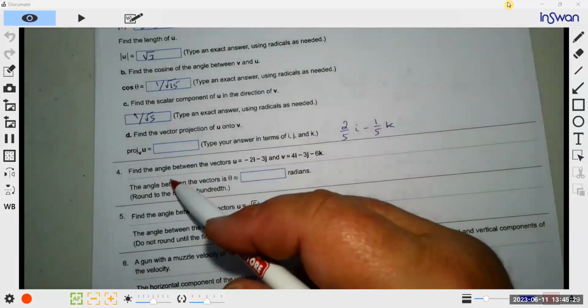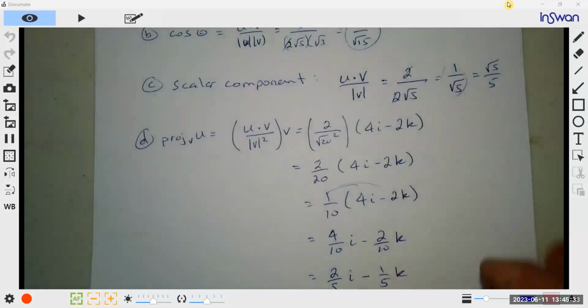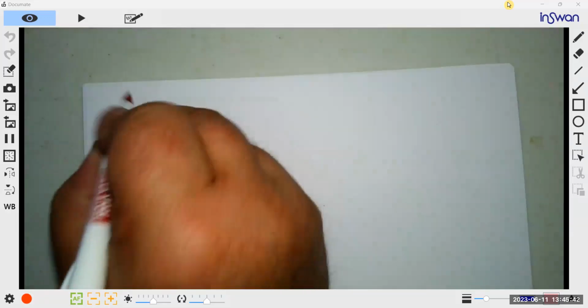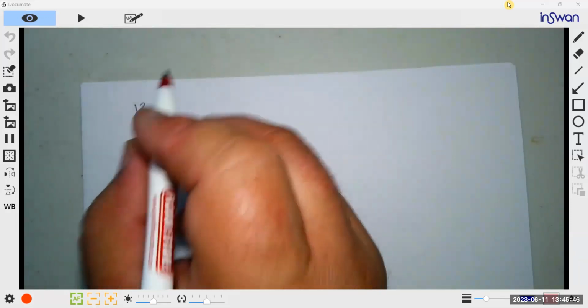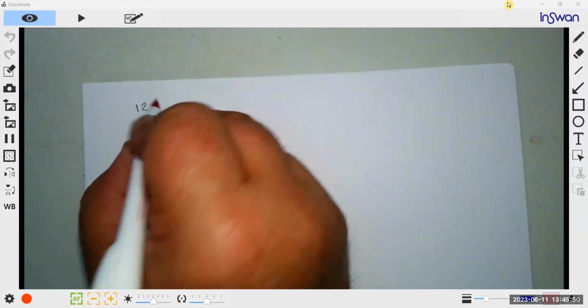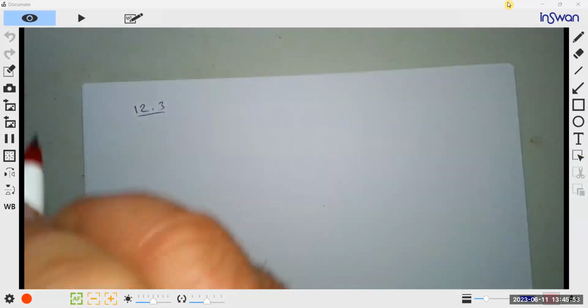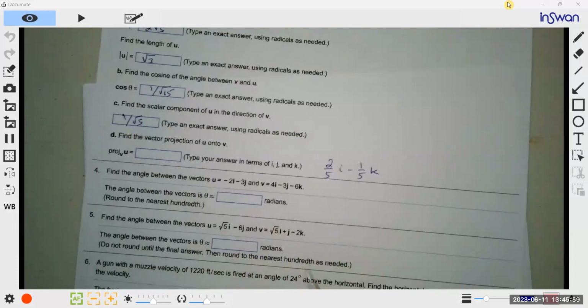Now, find the angle between vectors u and v. And now we're looking specifically for the angle between the vectors. Section 3. This is question number 4. So find the angle between u and v.